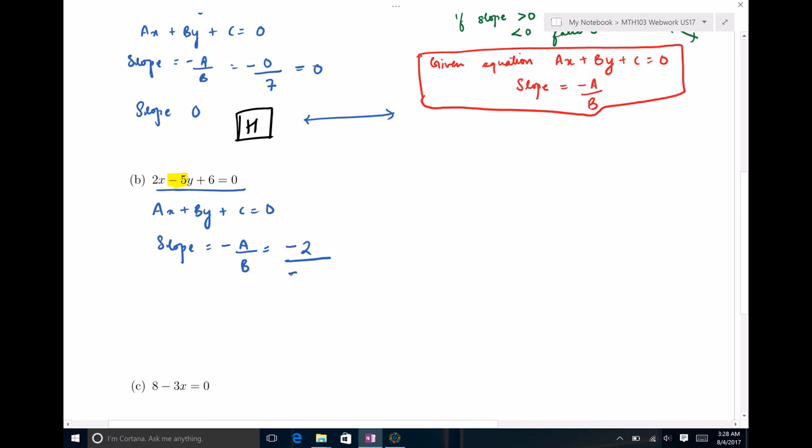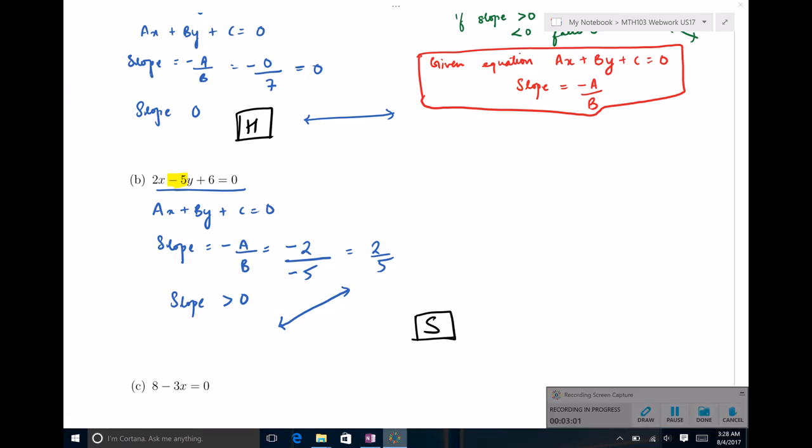So that's going to be negative 2 over negative 5, which is positive 2 over 5. In this case, the slope is not 0 or undefined. In fact, the slope is a number that's strictly greater than 0. So the line kind of looks like this. It rises, but we don't really need to specify that. All we need to know is that the line is slanted. If it's not 0 or undefined, but an actual finite number, then the line is going to be slanted.